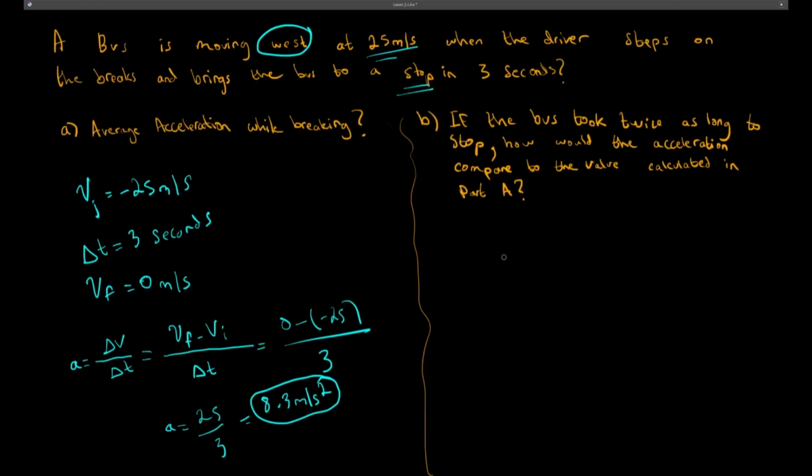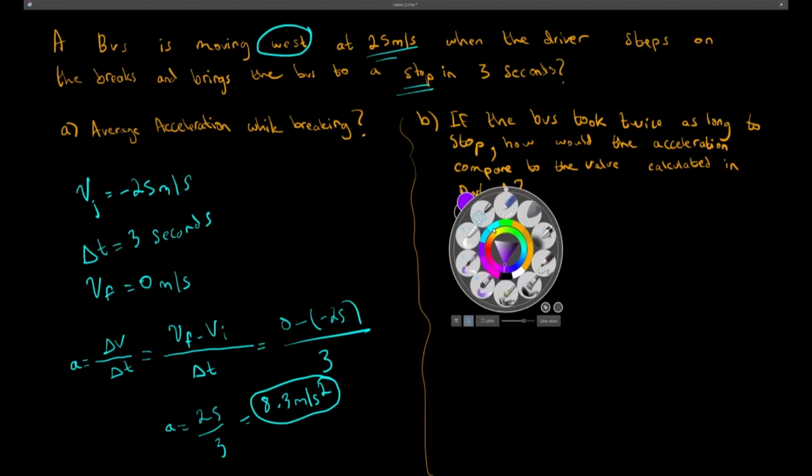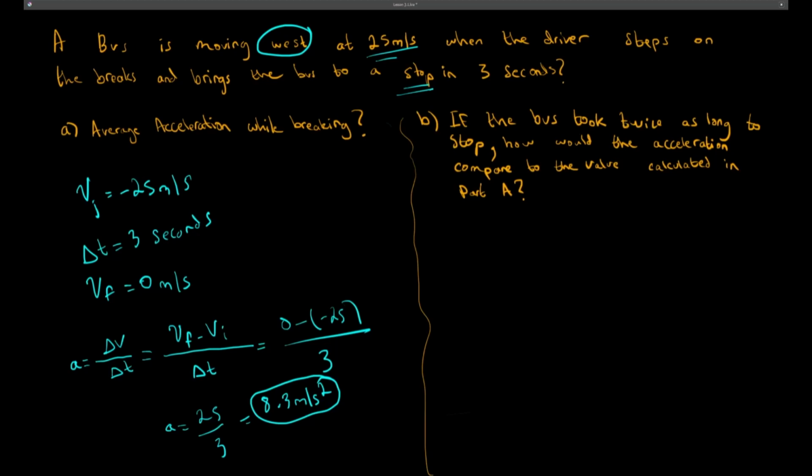Now, for this next question, it's asking: if the bus took twice as long to stop, how would the acceleration compare to the value calculated in part A? So basically, twice as long, meaning that delta t would be equal to 2 times the value we got.